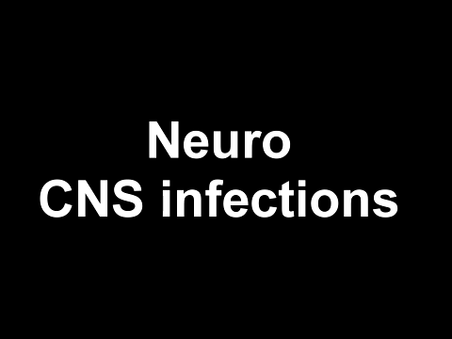So CNS infections are basically infections of the central nervous system. You know the central nervous system has the brain and spinal cord, right? And it has coverings that we call meninges, right? It turns out that you can have infection of the parenchyma of the brain that we call encephalitis, or you can have infection of the covering of the brain that we call meningitis.